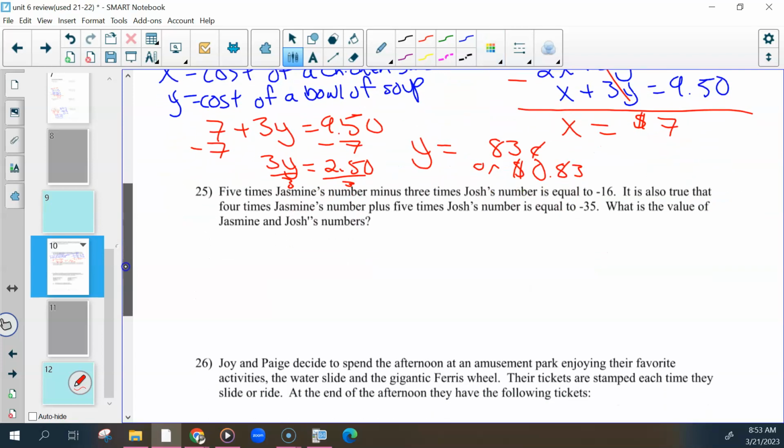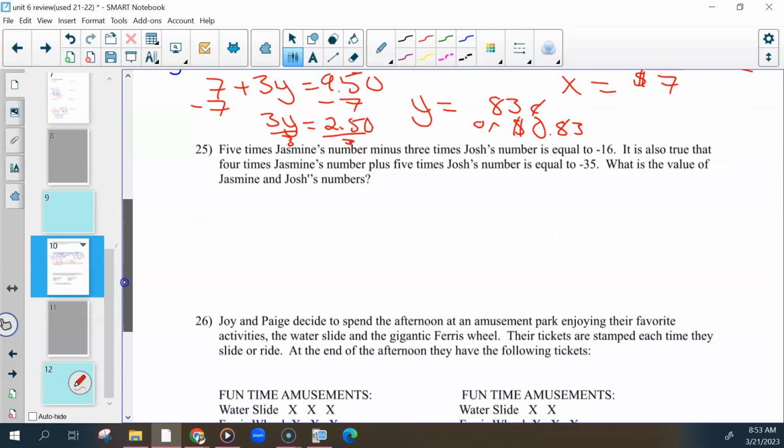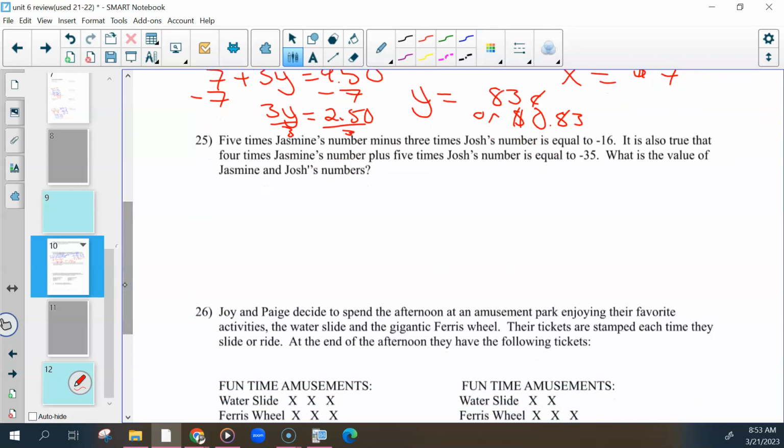So this one is a word problem, but not at the same time because it's really just their numbers. Anyway, so 5 times Jasmine's number minus 3 times Josh's number is equal to negative 16. And then it's also true that 4 times Jasmine's number plus 5 times Josh's number is equal to negative 35.